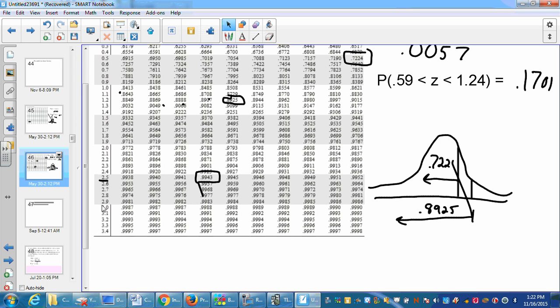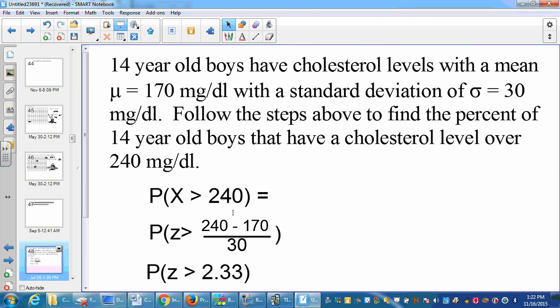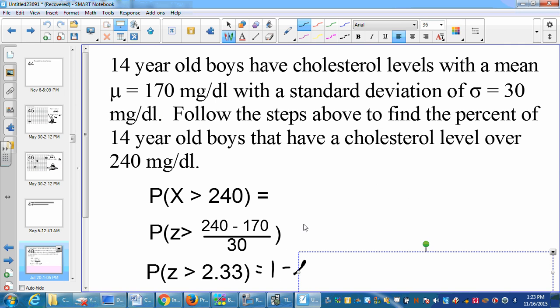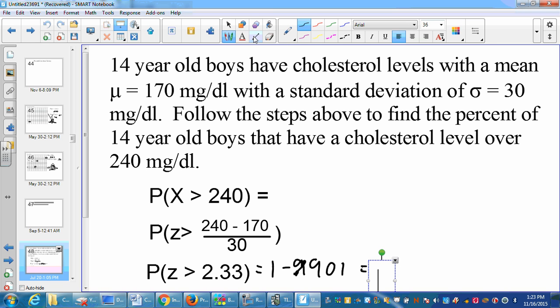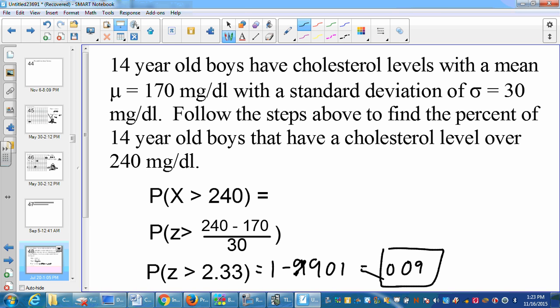Now I'll just take 1 minus that, 1 minus 0.9901, and I'll get 0.009 for an answer. So 0.009 is the probability it'll be over 240.